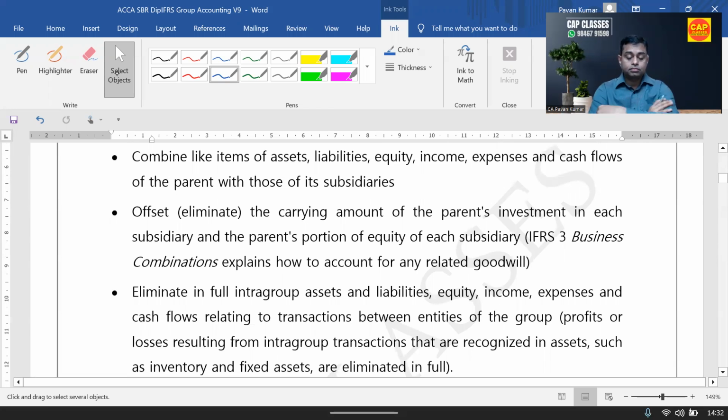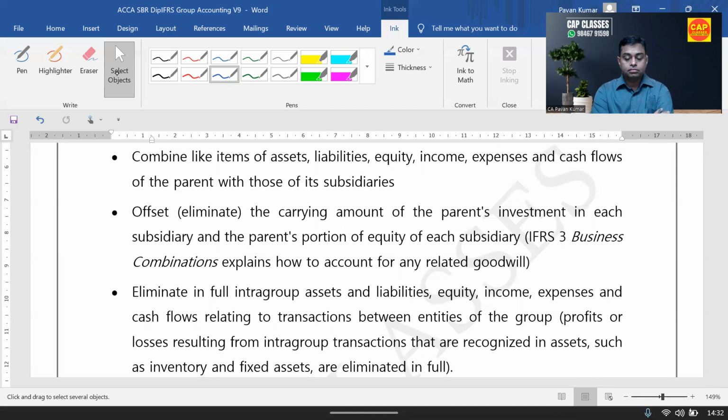Offset or eliminate the carrying amount of the parent's investment in each subsidiary and the parent's portion of equity of each subsidiary. IFRS 3 Business Combinations explains how to account for any related goodwill. Very good. Continue.